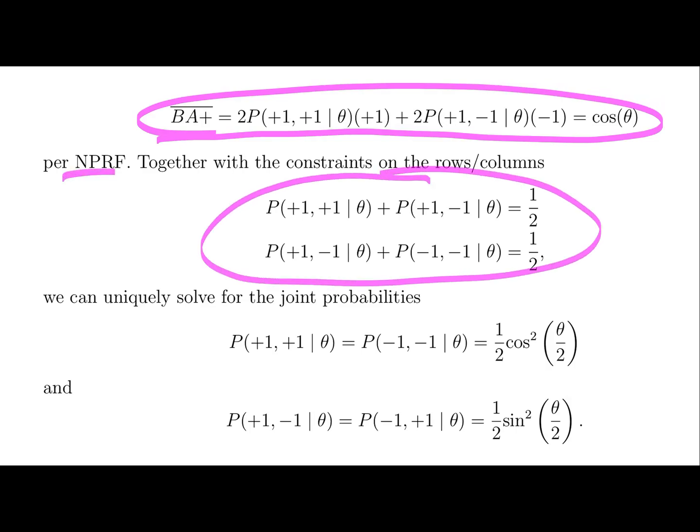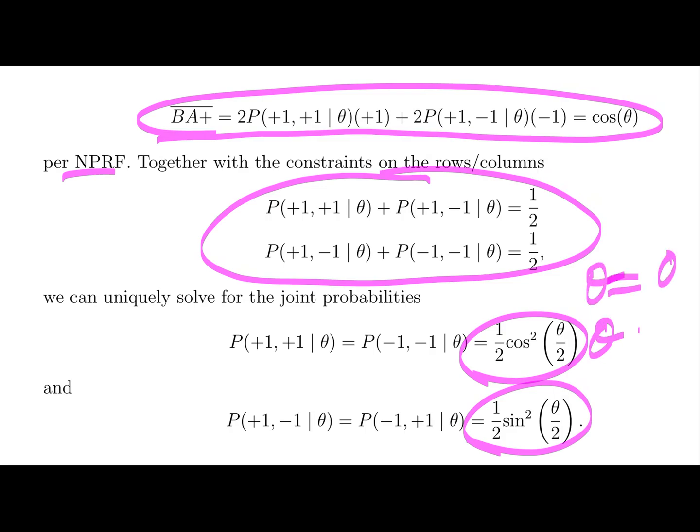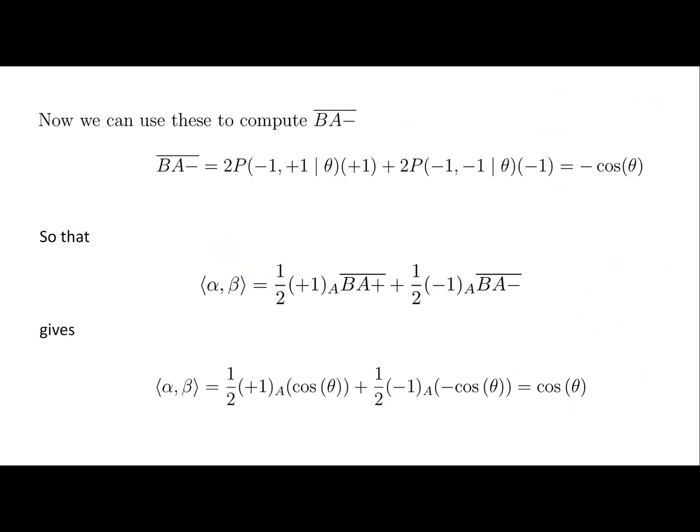Here are the constraints on our joint probabilities in the joint probability table from below due to NPRF. Put these two things together and you come up with the joint probabilities here, which explain the outcomes, fact 1 and fact 2. Theta equals 0 is fact 1, theta equals 120 degrees gives you exactly fact 2 for the Mermin device.